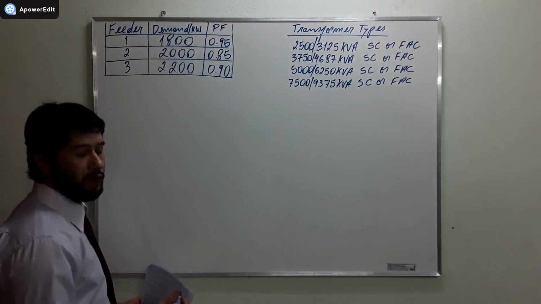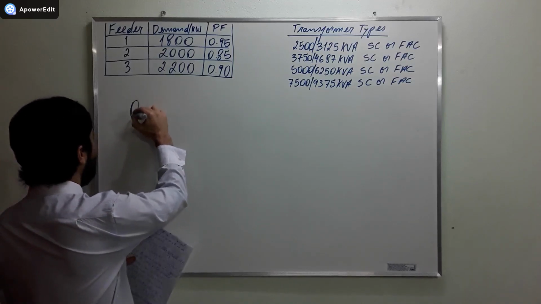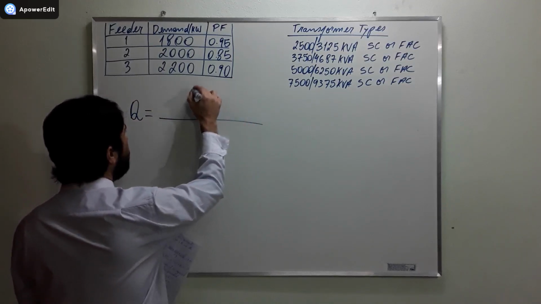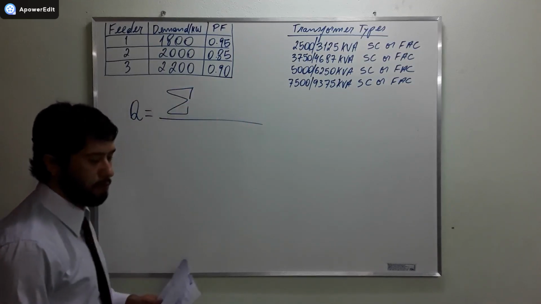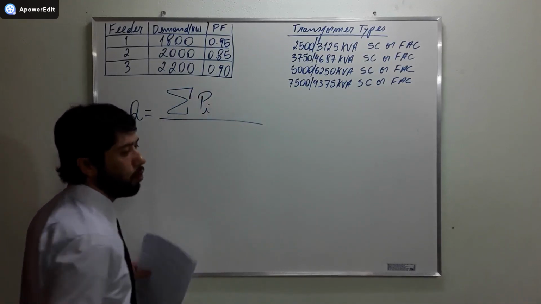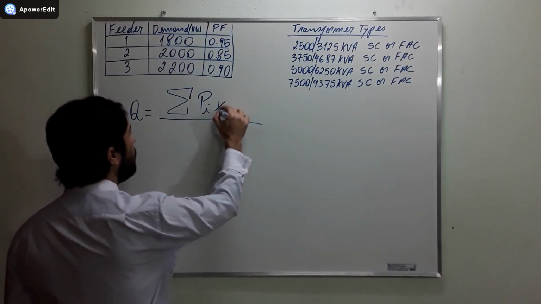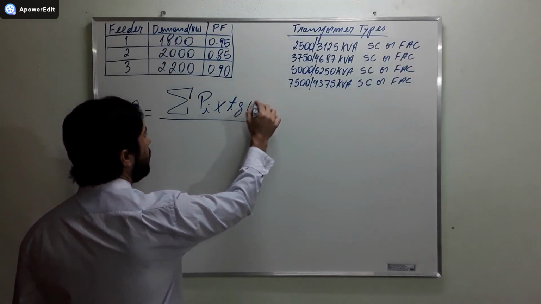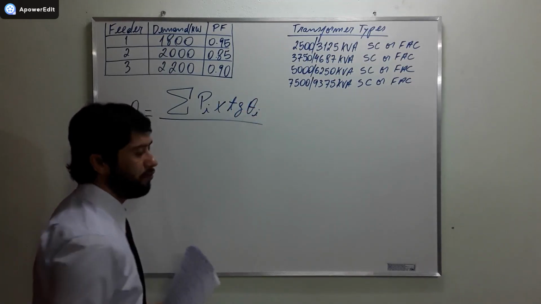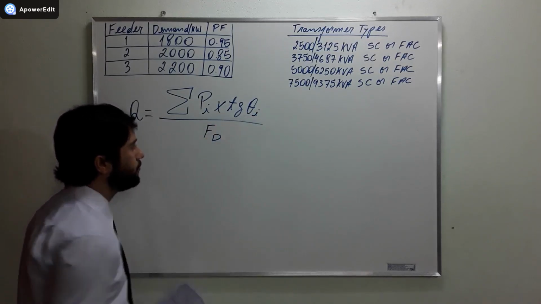The diversified reactive power, Q, can be calculated as Q is going to be equal to the summation of Pi, the individual real powers, times the tangent of the angle i, the angle that we found, divided by the diversity factor.